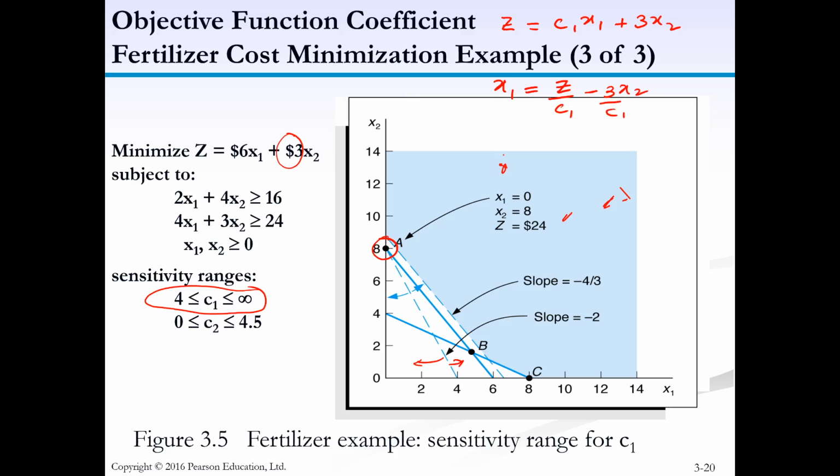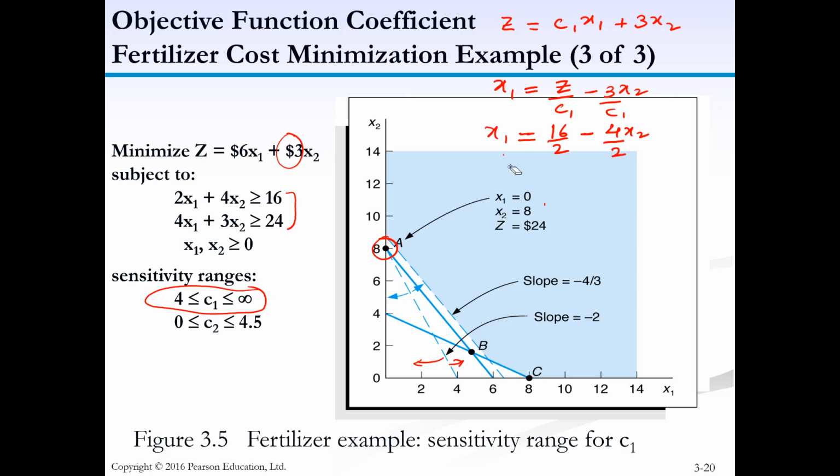Let's do the same for the two constraints. From the first, x1 = 16/2 − 4x2/2.